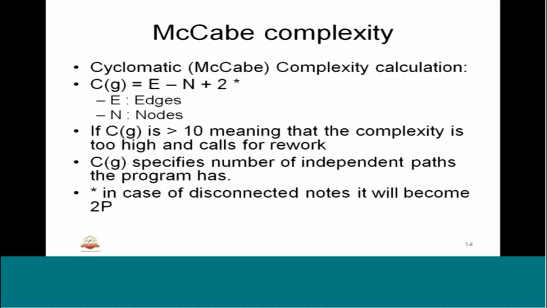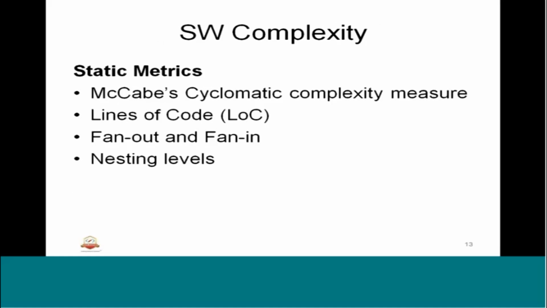So we know that a piece of program or the software has a number of diamonds. Diamonds are nothing but the process or the decision boxes. The more decisions there are in the code, the more complexity it has. That we know.